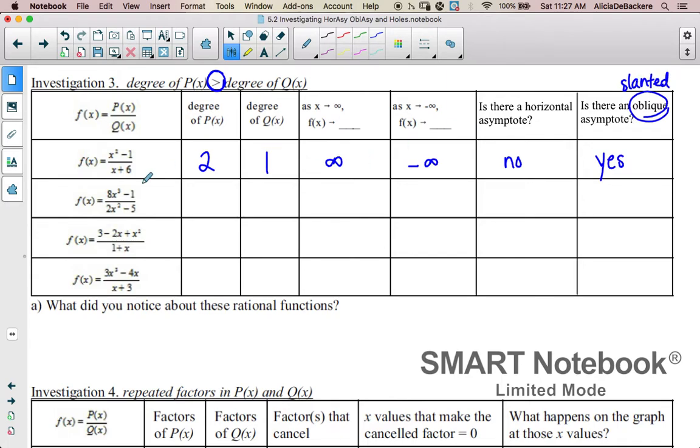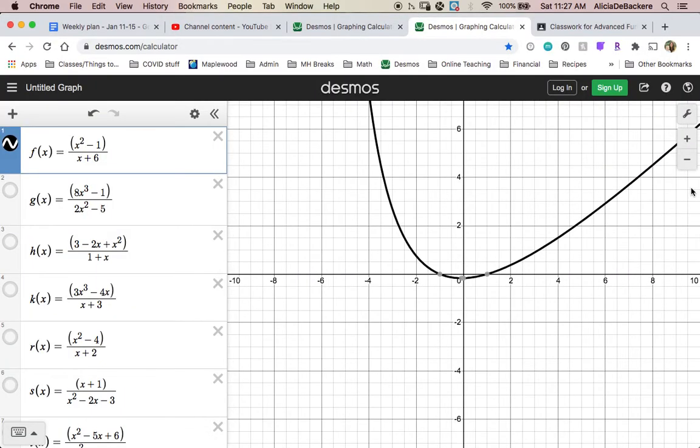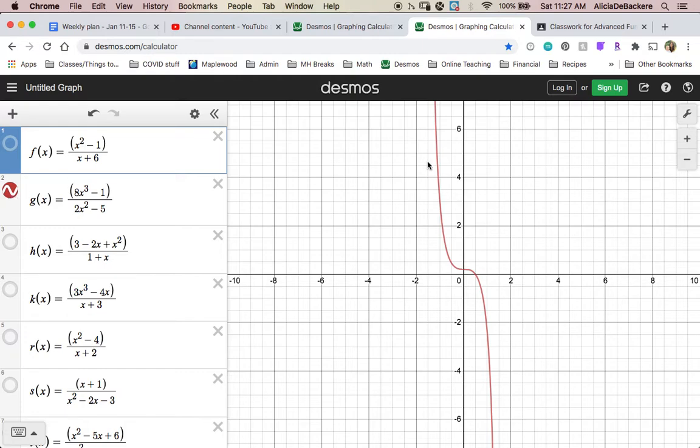All right, so for our next one here, we've got x to the power of 3 on top. Hopefully you can read those little numbers. And x to the power of 2 on the bottom, so the degree of the top is bigger than the degree of the bottom. We're going to take a look at what happens with this graph. So I'm going to just go home for a second for my scale. Move over to that equation, and it almost looks like a piece of a cubic graph here, but again, I want to know what's happening on the left side and the right side.